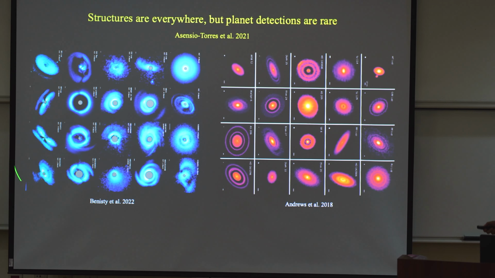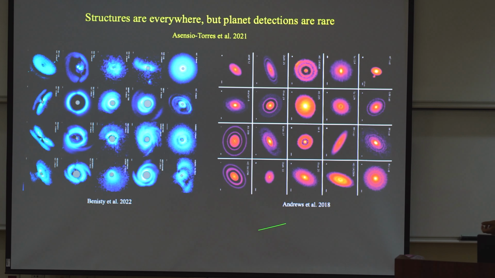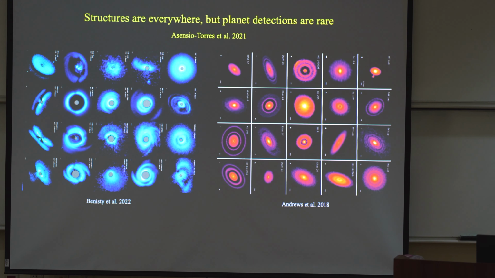So for most of these disks with structures, people have tried hard to look for the predicted planet, but in the vast majority of them, they haven't found anything. How we interpret all this non-detection is not entirely clear. The obvious go-to solution is to argue maybe those planets are too faint, so you're not supposed to see them.